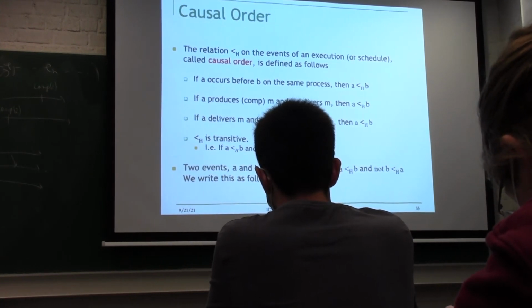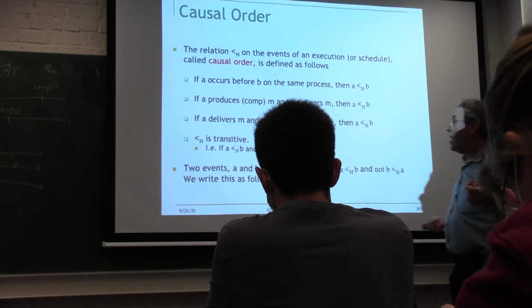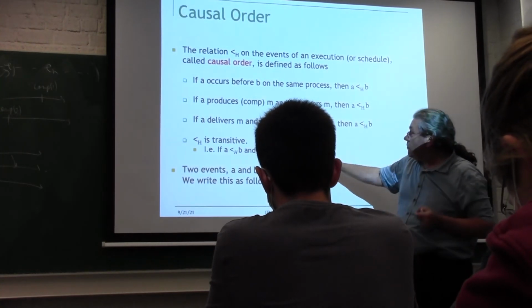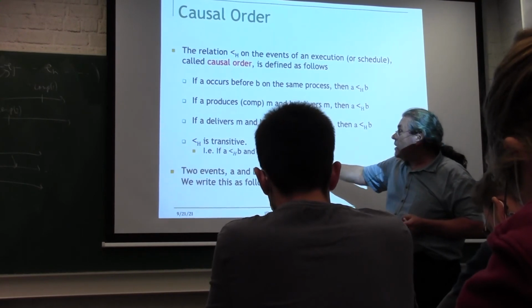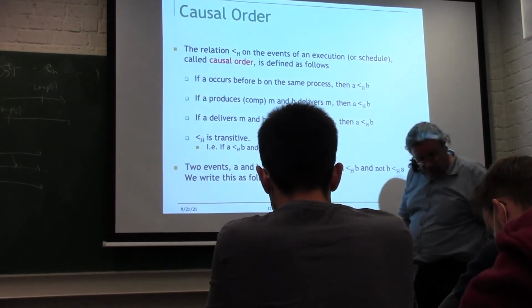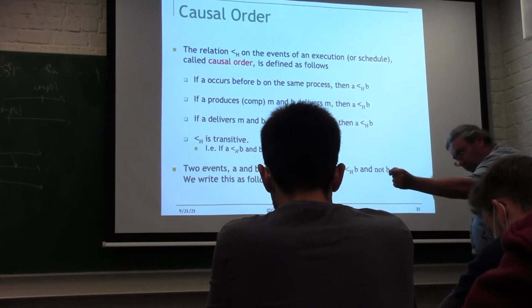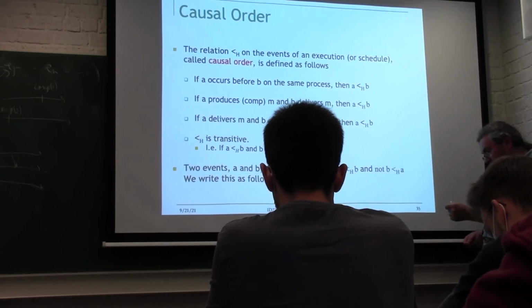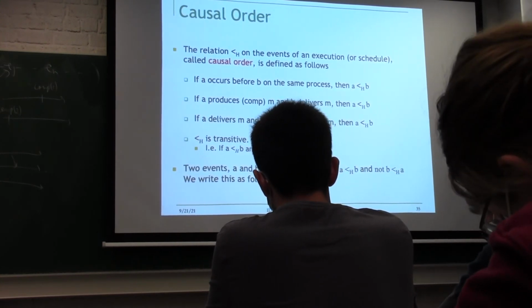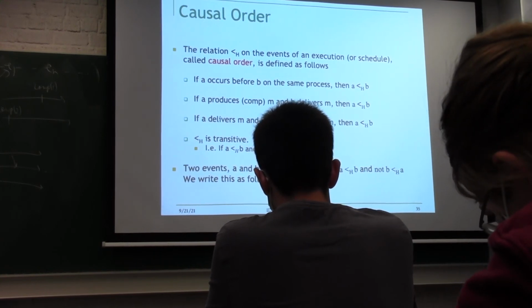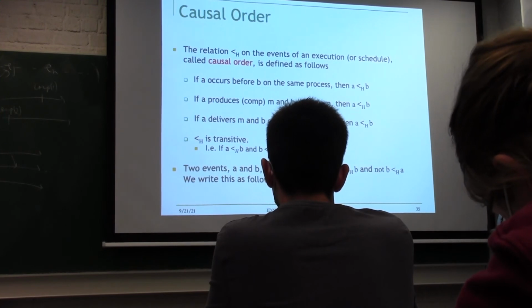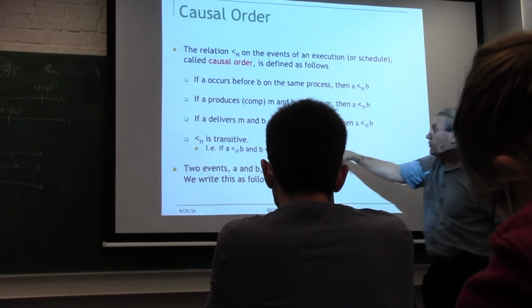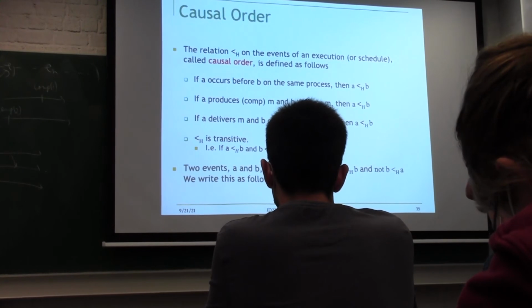They may be still causally connected. And it means that C somehow depends on A. Maybe A is sending a message from 1 to 2, then there's a computation, it sends a message to 3, does a computation, sends a message to 4, and does computation. So that computation depends on the whole chain, clearly. That's what this rule is telling us.